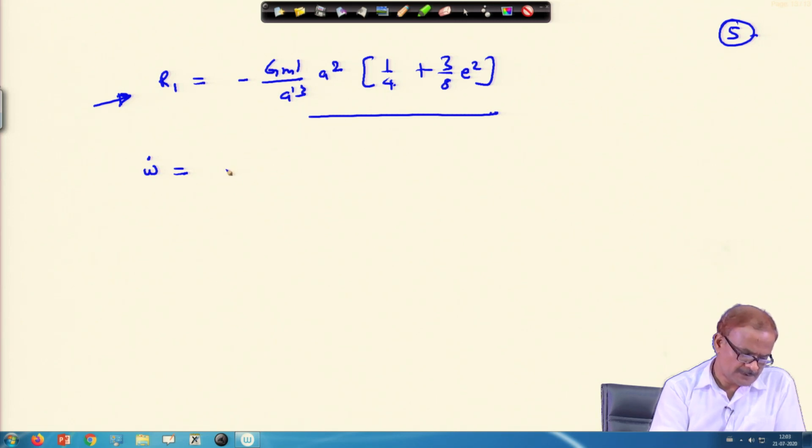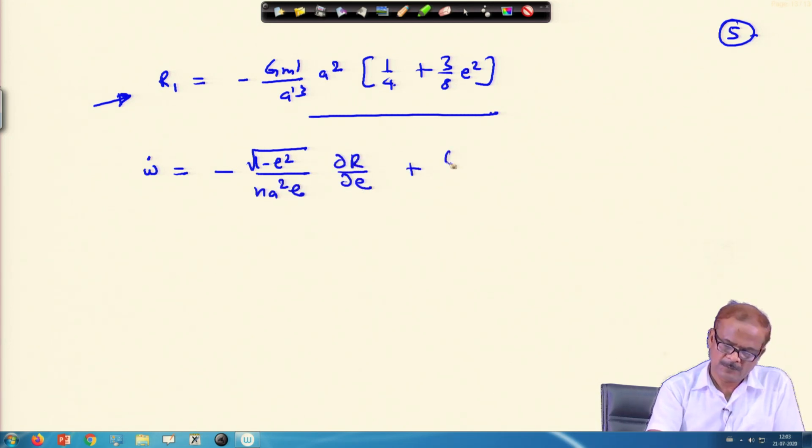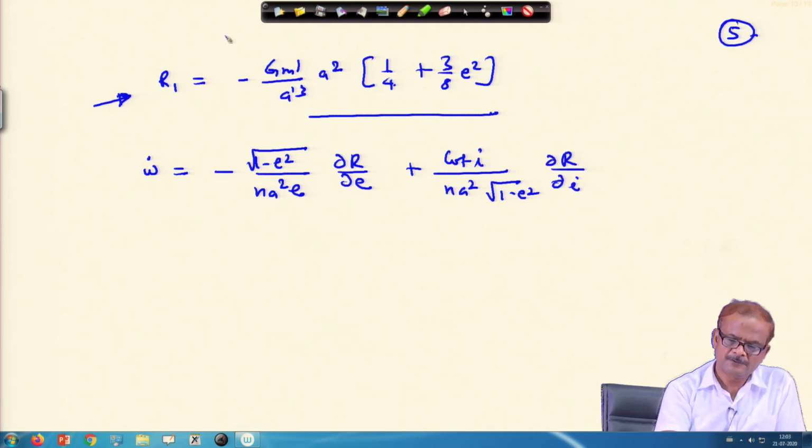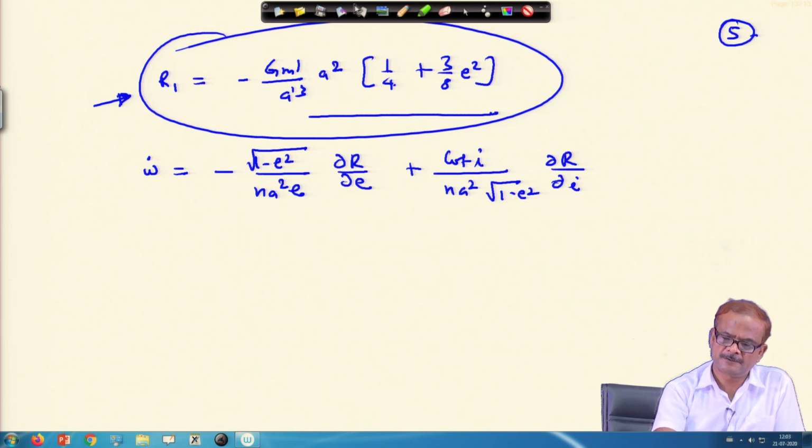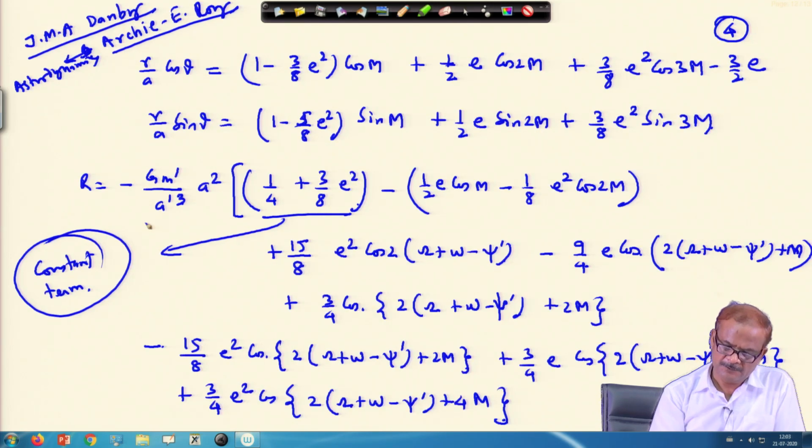So omega dot can be written as square root of 1 minus e square, this is from our Lagrange planetary equation, dou R by dou e, plus cot I divided by n a square square root of 1 minus e square, dou R by dou I. So we only look into the effect of this particular term.